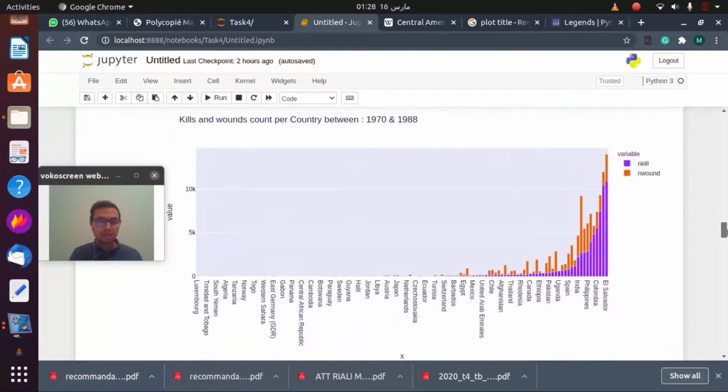So the second period, and here are just some plots that prove what I've just said. The most victims are from El Salvador, Colombia, Philippines, India, Spain, Uganda, Pakistan, etc., and especially Colombia, El Salvador and the Philippines.